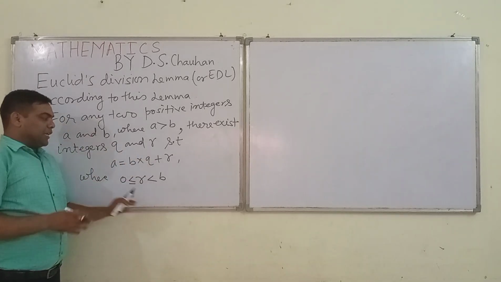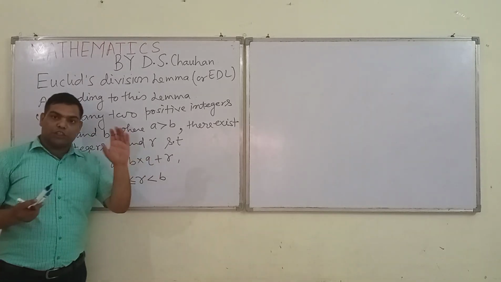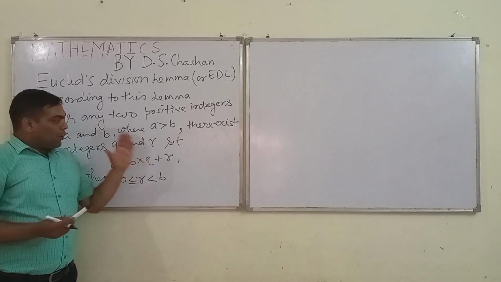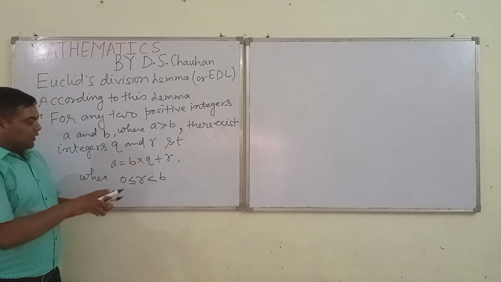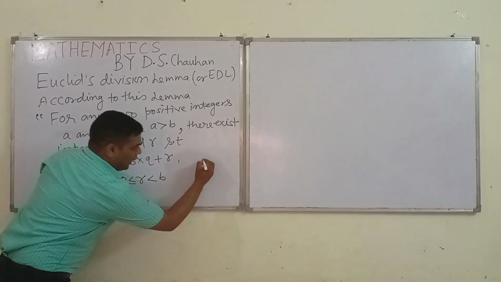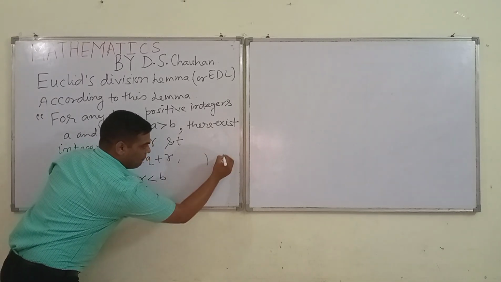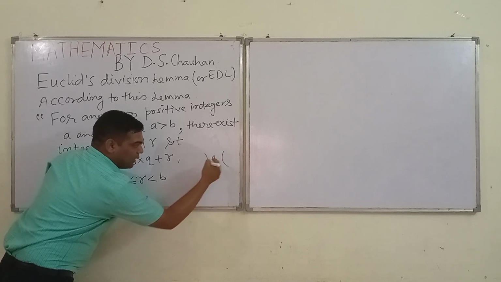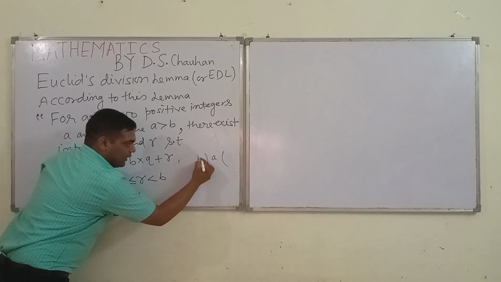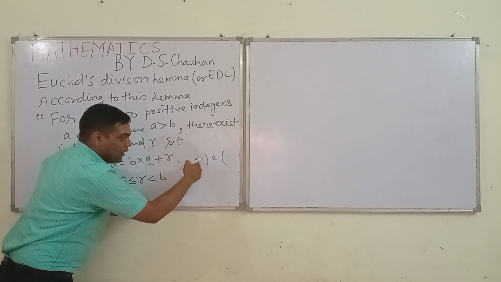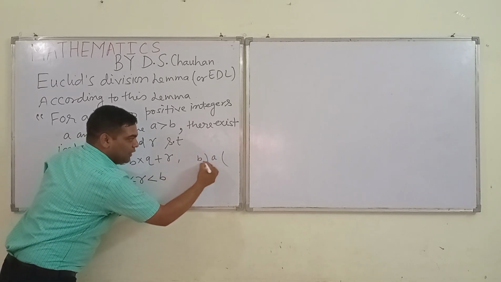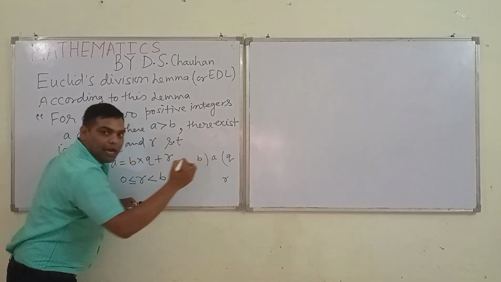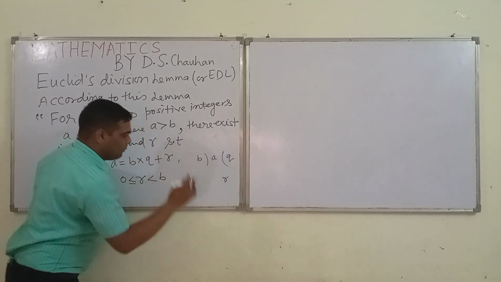Okay students, now you try to understand the meaning of this. Students, all of you are very familiar with the concept of division. Whenever you have read about division, you have divided a number by another number, like here let the number be a and another number be b. When you have divided, you have got some quotient along with the remainder.